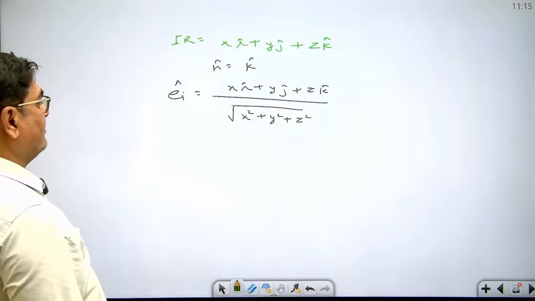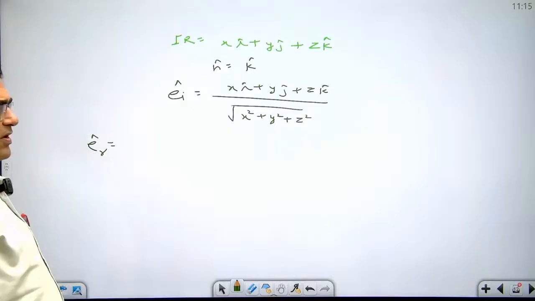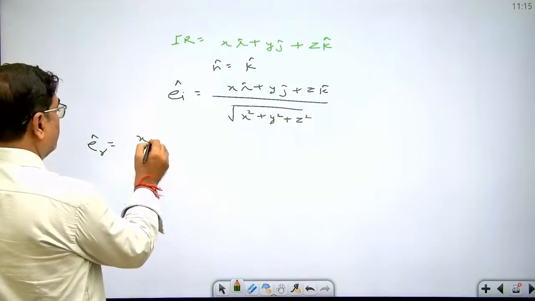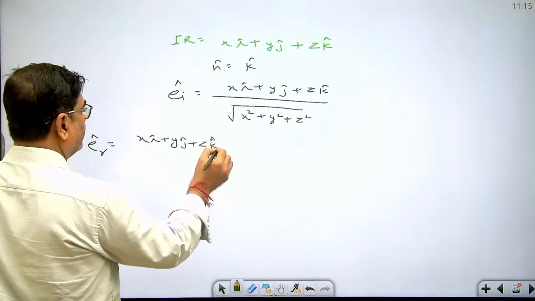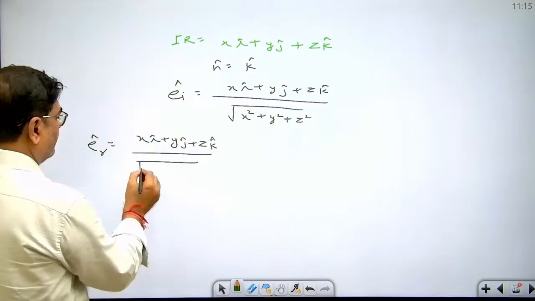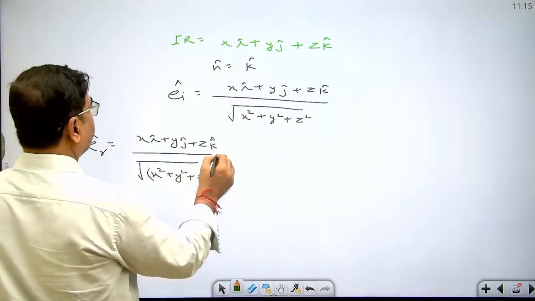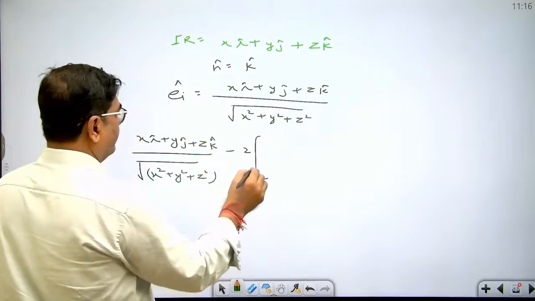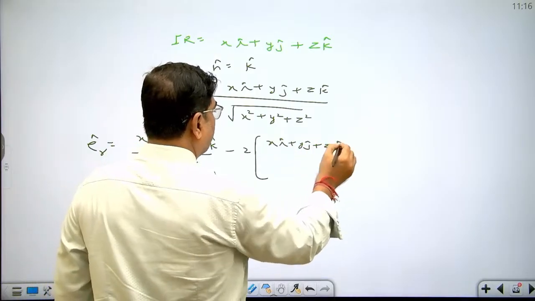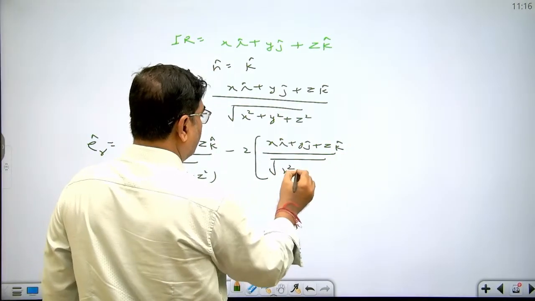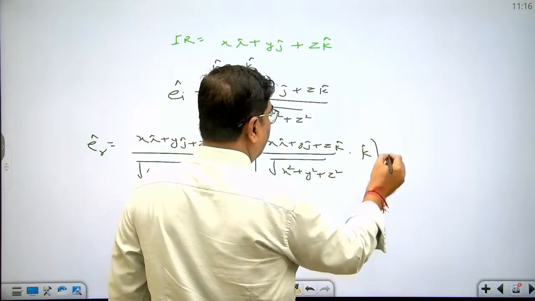Now we will be using the laws of reflection in vector form to solve the problem. The unit vector along the reflected ray is e r cap equal to e i cap minus 2 e i cap, that is x i cap plus y j cap plus z k cap divided by under root x square plus y square plus z square, dot n cap, multiplied by n cap.